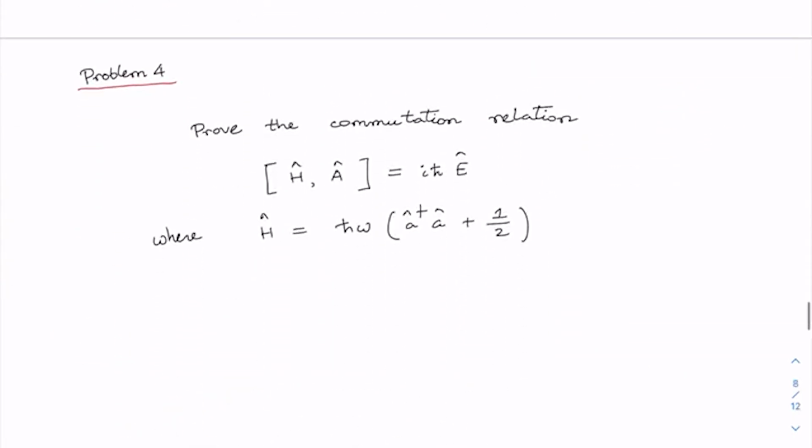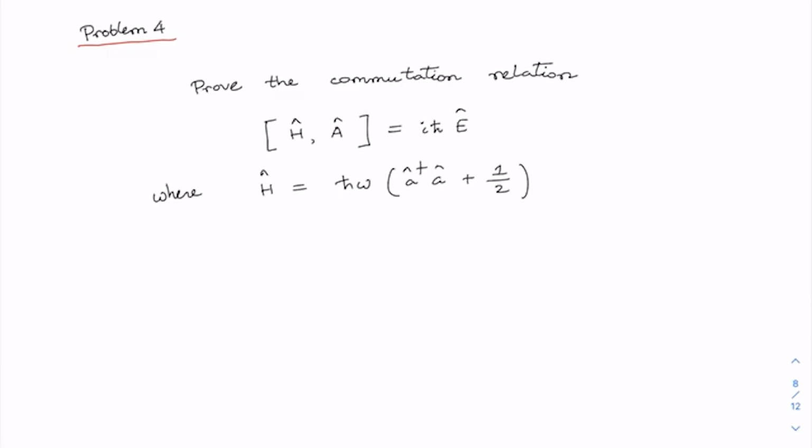Now let us work out this particular problem, where you are asked to prove the commutation relation between the Hamiltonian of the electromagnetic field and its vector potential. Let us work it out. Before I do that, let me remind you about the operator form of various quantities.